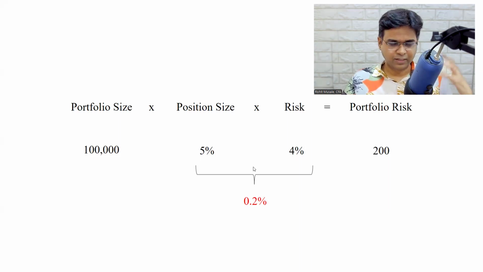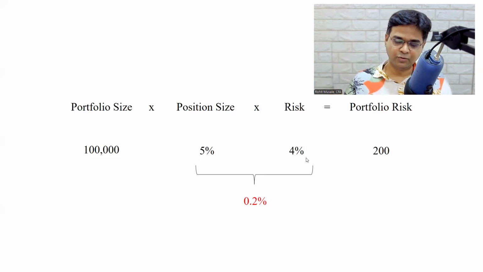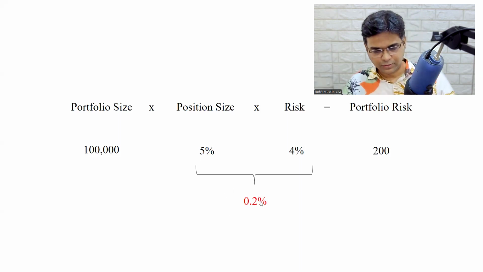If I buy 5,000 rupees worth of stock, and the stock goes down after I buy, how much will I lose? I will lose 4% of 5,000, which is 200 rupees. What is 200 as a percentage of 100,000? It is 0.2%. This is called portfolio risk.